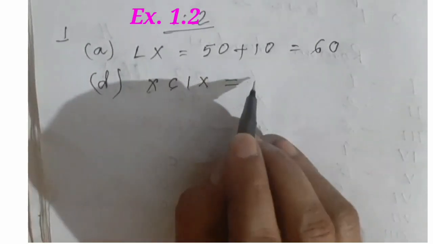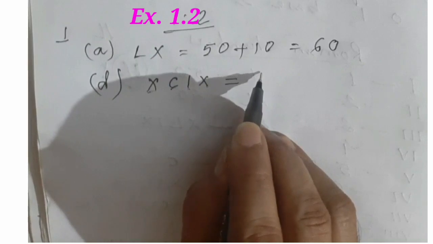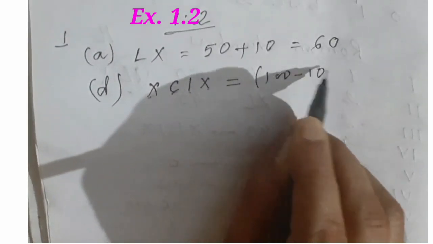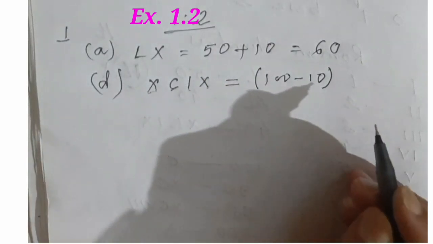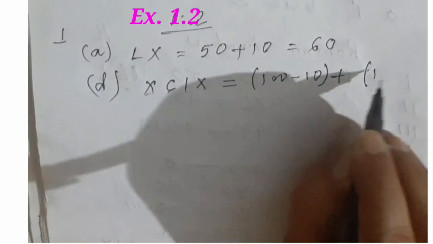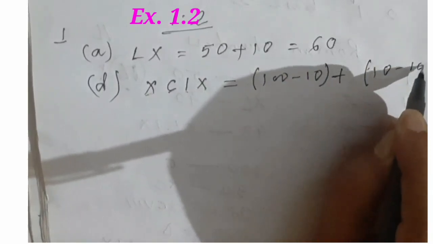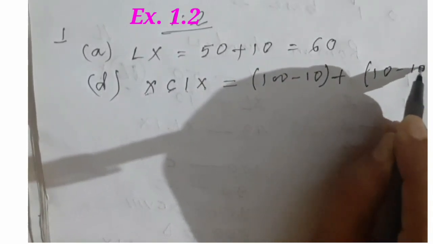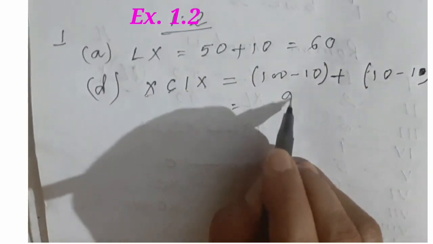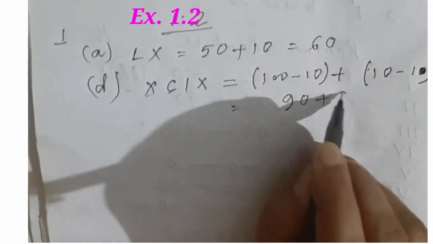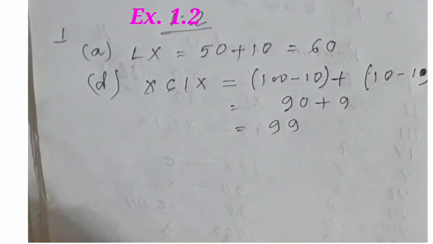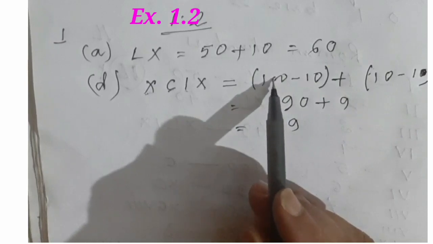We should understand it like this: 100 minus 10, and then plus 10 minus 1. So this is 90 plus 9, which is equal to 99. We just apply the rule exactly.